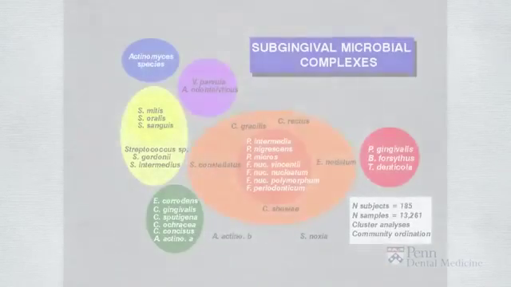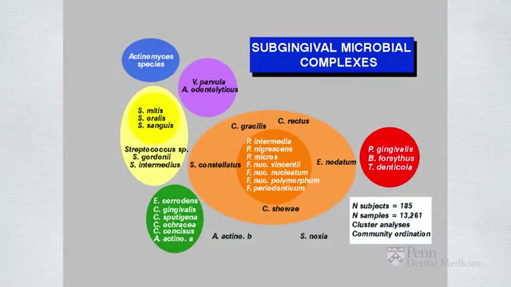It is important to remember that human fetus is actually sterile, but bacteria are acquired after birth, and there are more than 500 species of bacteria which establish residence in the mouth. It is also important to remember that most bacteria are beneficial, but several have been identified as pathogens.